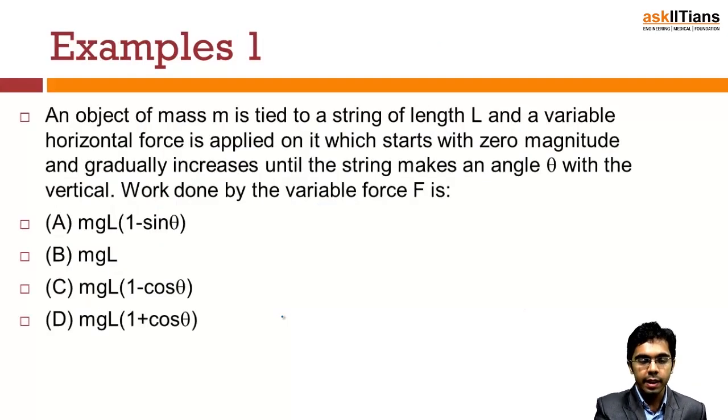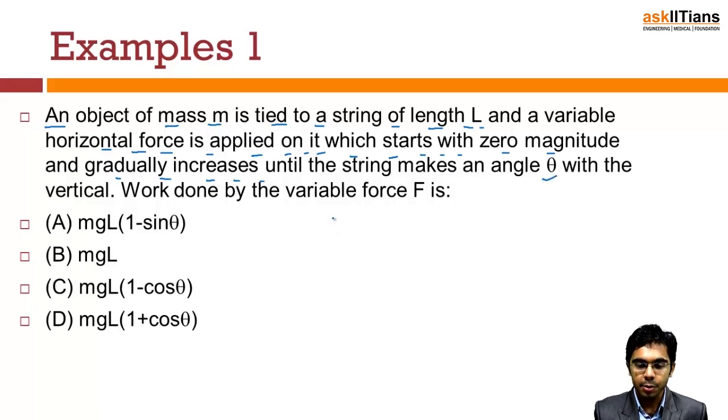Now let's look at the question. An object of mass m is tied to a string of length L, and a variable horizontal force is applied on it, which starts from 0 magnitude and gradually increases until the string makes an angle theta with the vertical.